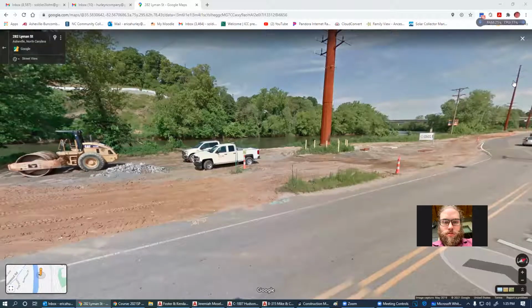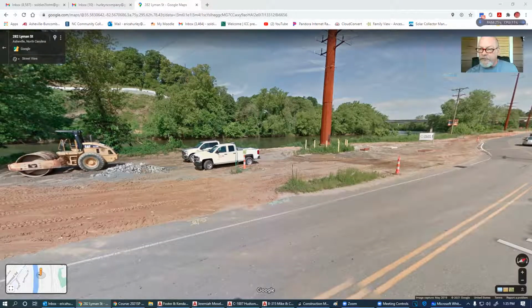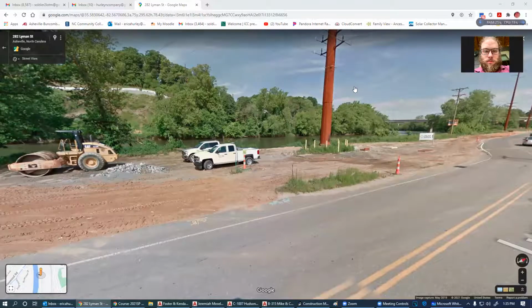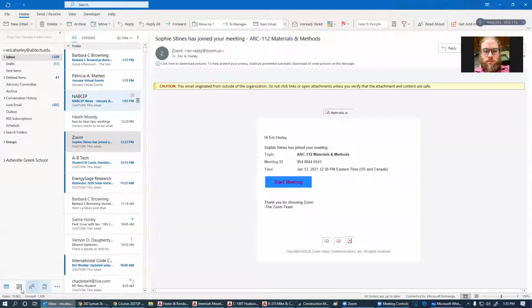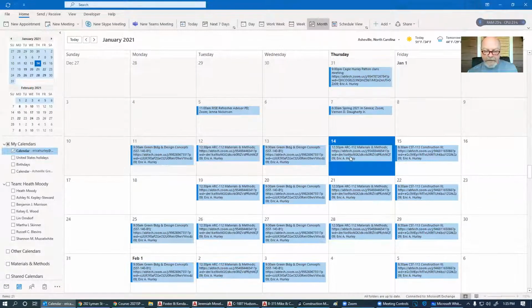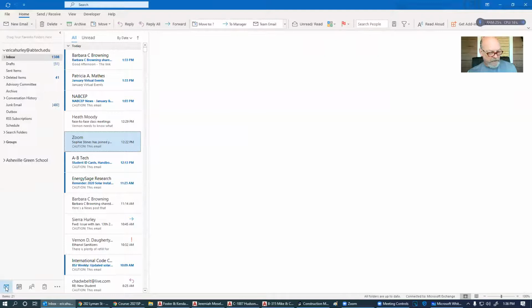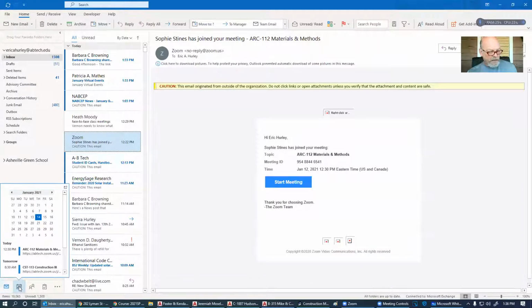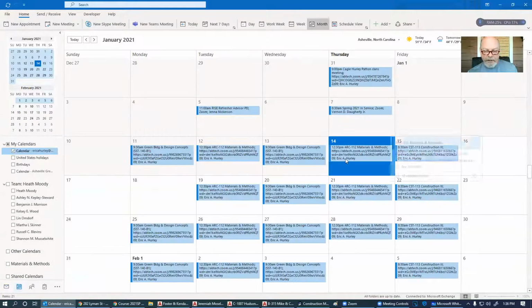We had another student that couldn't find it, and I just want to make sure they can find it in the future. Under the calendar, under your Outlook email. Okay. If yours is like mine, then you just hit calendar and you can go to that.